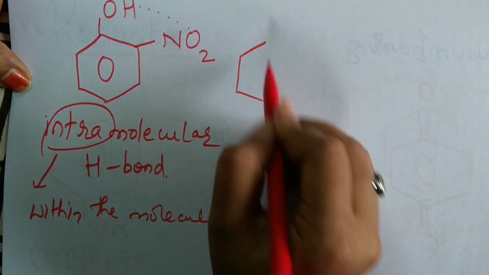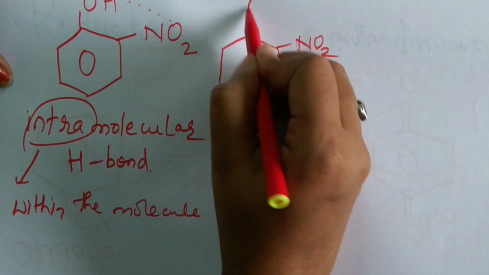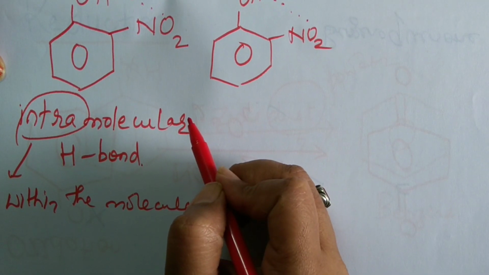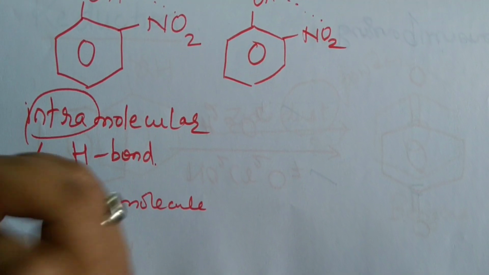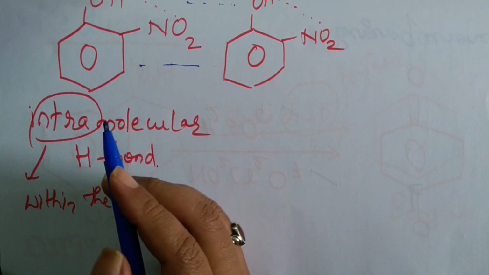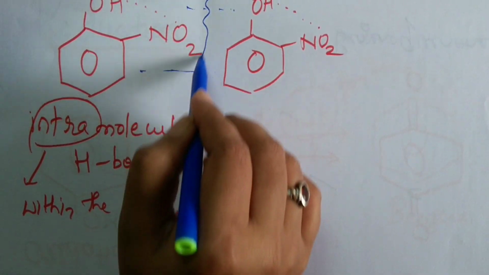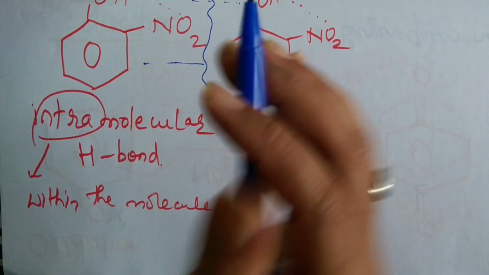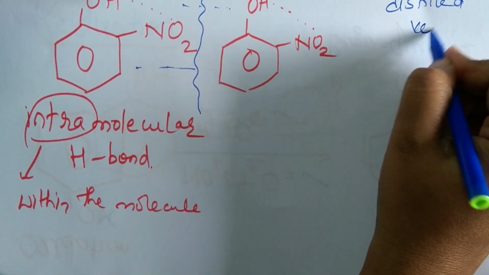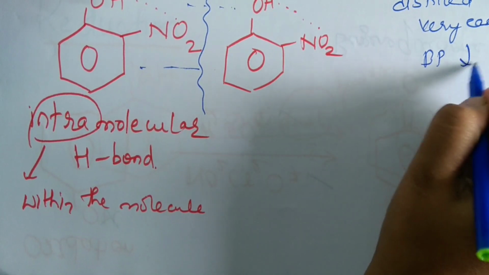In the beaker, a large number of orthonitrophenols are present, wherein intramolecular hydrogen bonds are present, and we are unable to find any bonds between these two molecules. As a result, when you subject them to distillation, you need not separate these two molecules. They just get distilled very easily. Therefore, their boiling point is low.